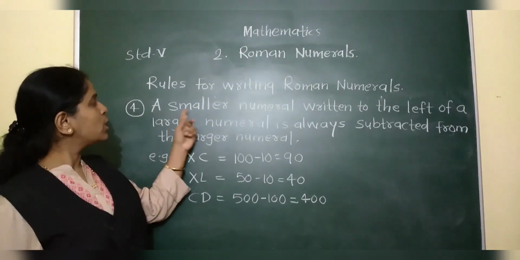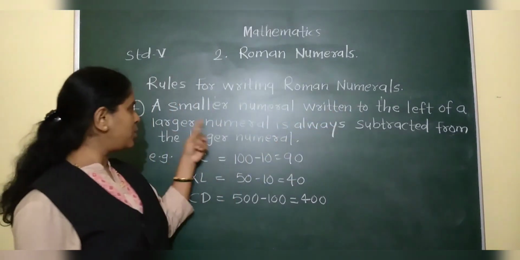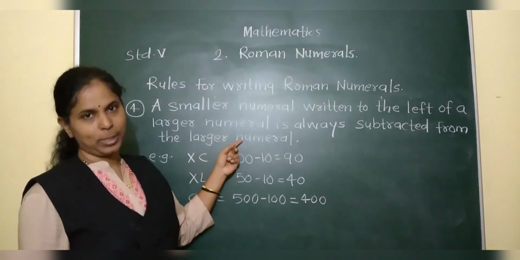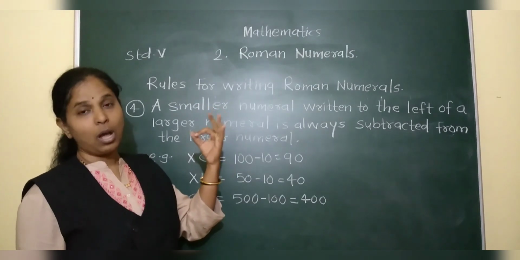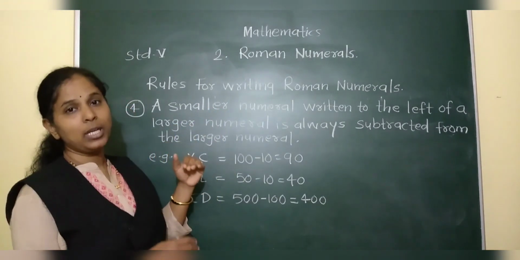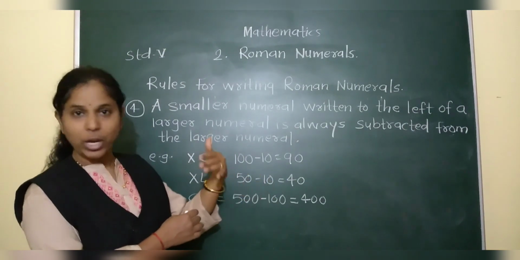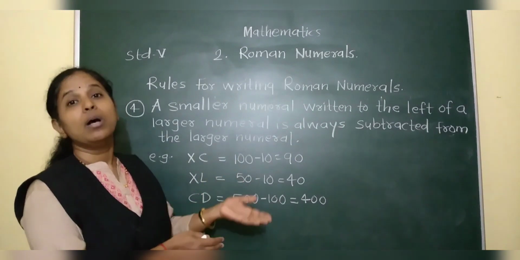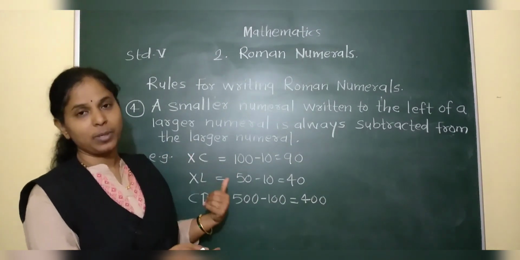Next rule: a smaller numeral written to the left of a larger numeral is always subtracted from the larger numeral. It is just the opposite of the third rule. When the smaller numeral is written after the larger numeral, we have to add. Now if the smaller numeral is written before the larger numeral, in that case we have to subtract.